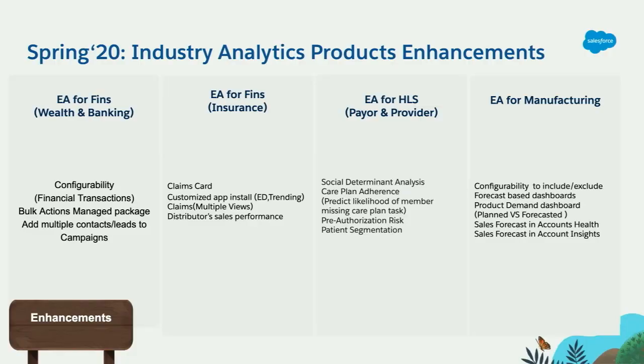We also enhanced some of the content updates for social determinants. Basically, you can identify members who may have social conditions that are preventing them from getting care, and then take preventive actions, making sure you can avoid any avoidable claims.